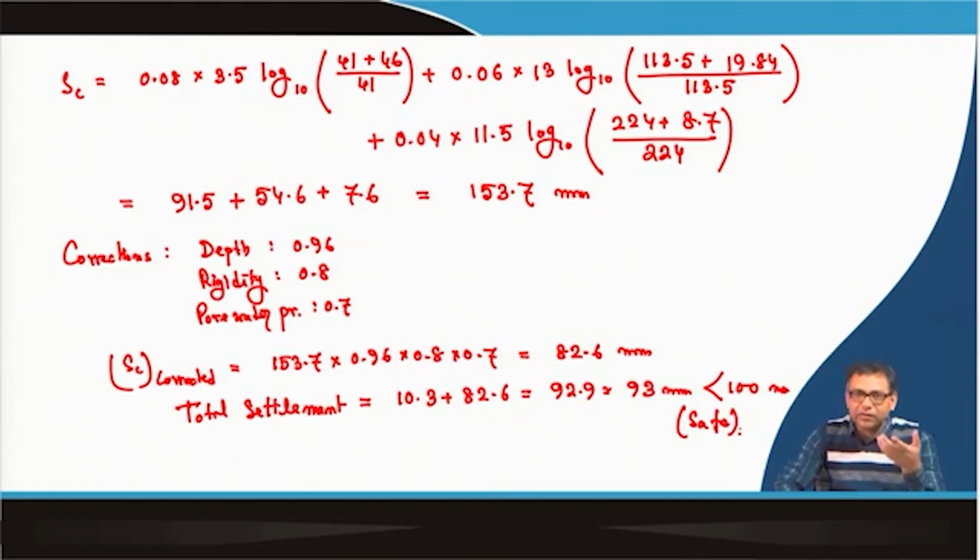Considering the soil structure interaction, you can see whether the settlement that you get without considering the soil foundation interaction and the settlement that you get considering the interaction are close or not. So, that check also you can do.